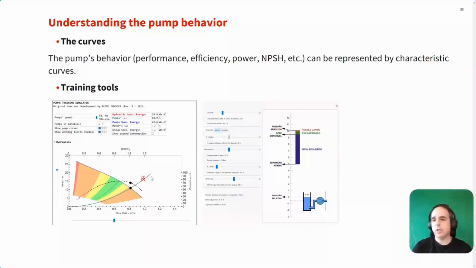The system curve characterizes the system where the pump is installed. The intersection point between the pump performance and the system curve gives the operation point of a pump, or a pumping station if we have multiple pumps operating in parallel.